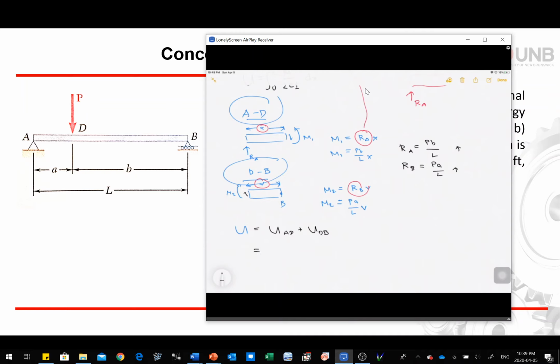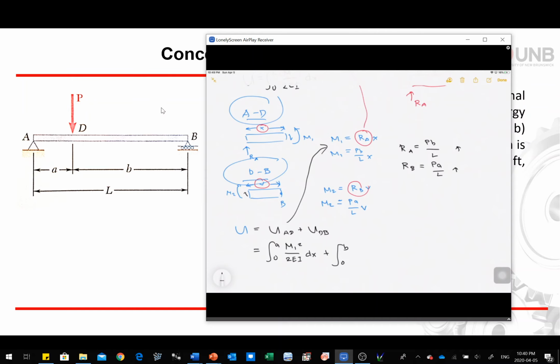So for A to D, so from 0 to A, we have M1. So from 0 to A, this one prevails right here, M1. So it's M1 squared over 2EI dx plus, now from 0 to B, so now our 0 to B is from this point up to this point right here.